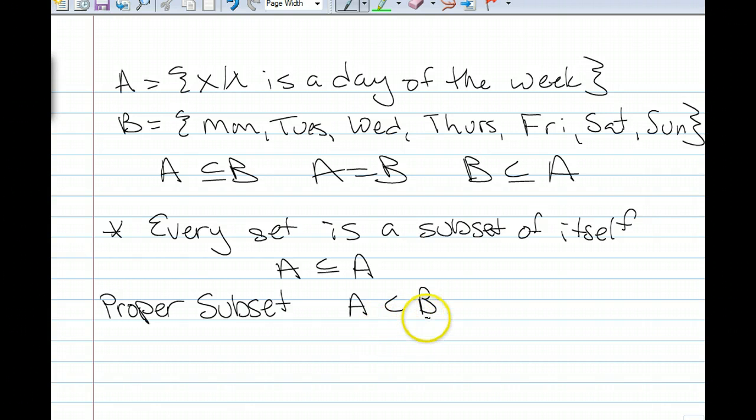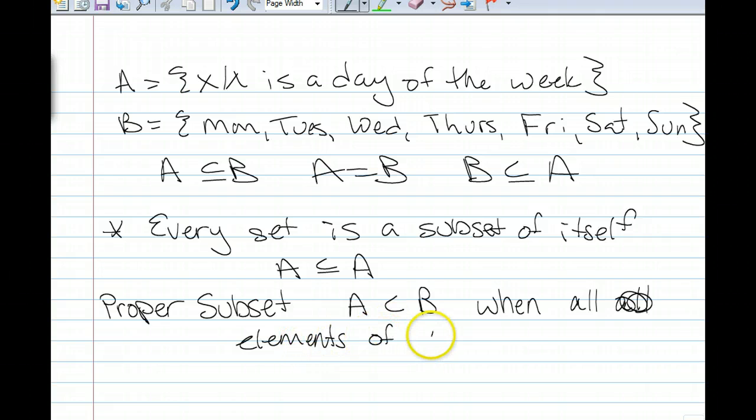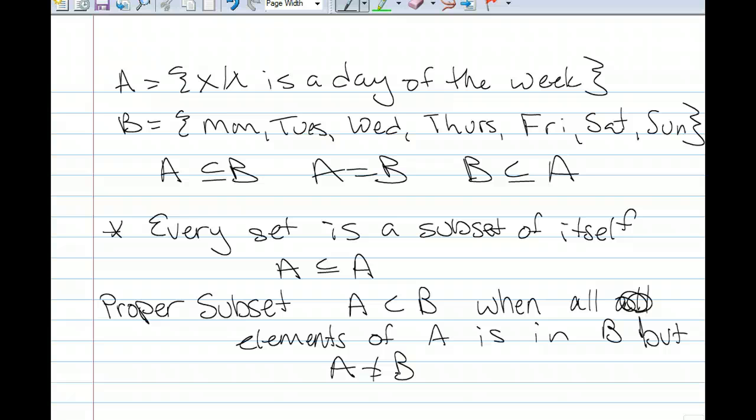A is a proper subset of B when all the elements of A are in B, but A and B are not equal. So it's very similar to the above that we've been doing, but in this case, you know that A and B are not equal.